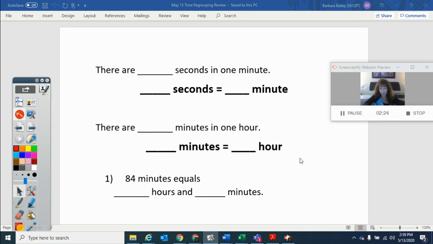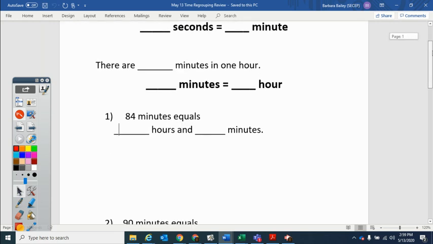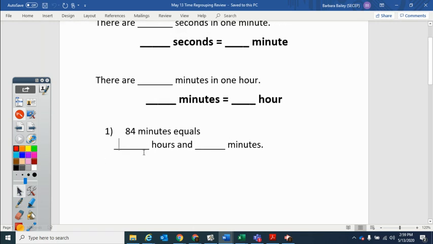We know 84 minutes is more than 1 hour, because there are 60 minutes in 1 hour. So this has to be more than 1 hour. How do I find out how many hours?